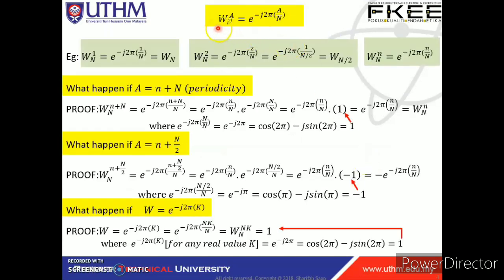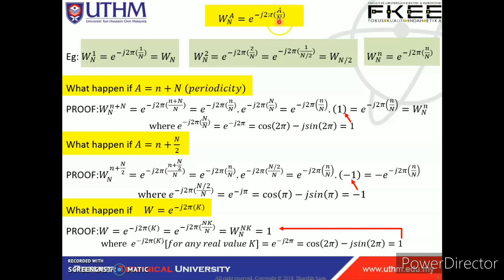So for example, the weight W capital A over N, the number of samples, is equal to exponent negative j 2 pi, the general equation, multiplied with the inner side of the bracket.